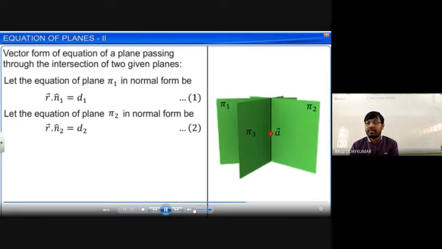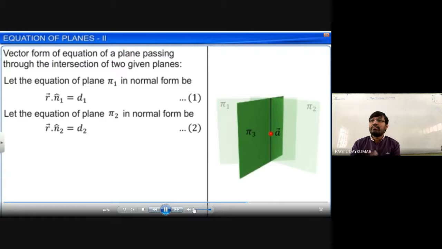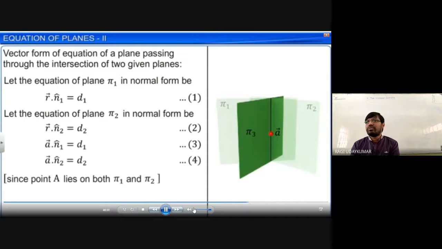Is it understood? So the vector forms of the two planes are taken into consideration. Consider a vector on the line of intersection of these two planes. Then that point is present in both the given planes.